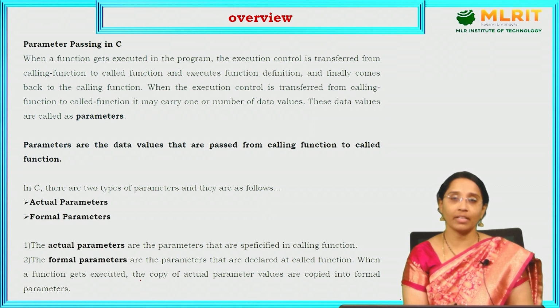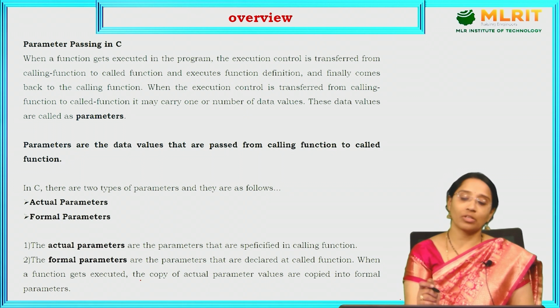Whatever we are writing inside the main function, the arguments we are passing there, that is the calling function. Whenever the compiler sees that function call, it immediately jumps to the called function, where the function definition is written, the user defined section, and finally comes back to the calling function.